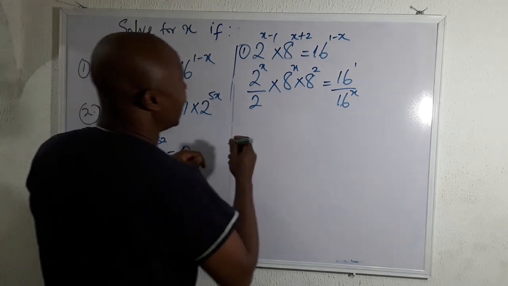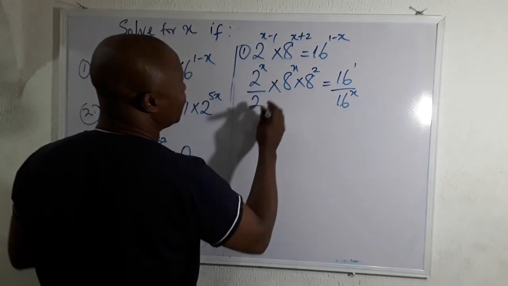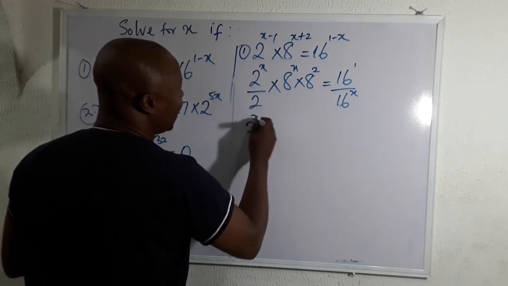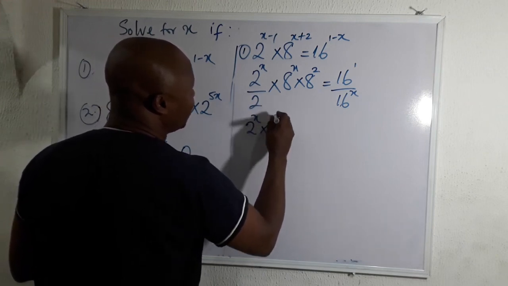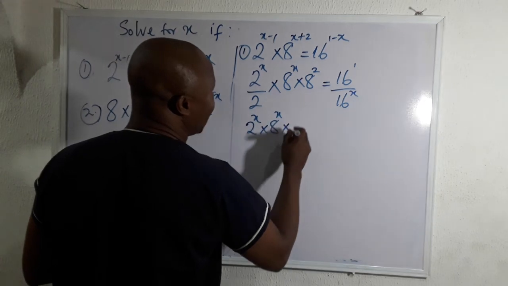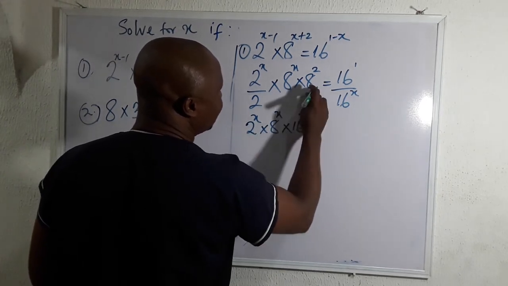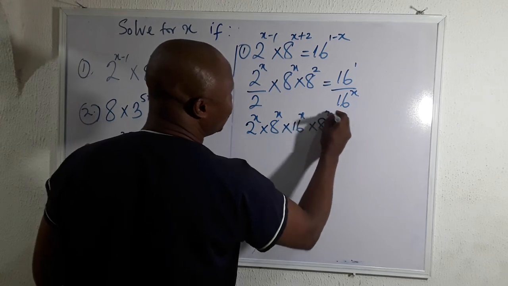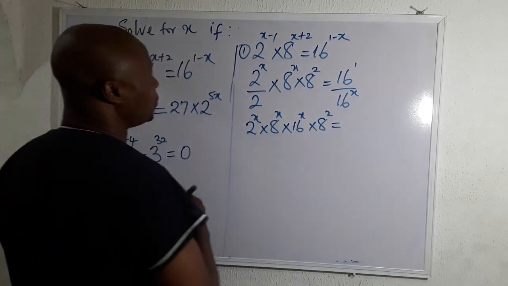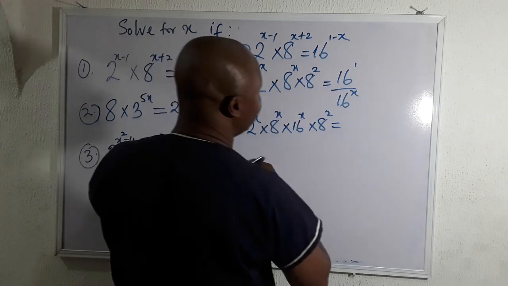So when we cross multiply, we use 16 to multiply this part, which will give us 2 raised to power x times 8 raised to power x times 16 raised to power x times this 8 raised to power 2. And that will be equal to 2 times 16.